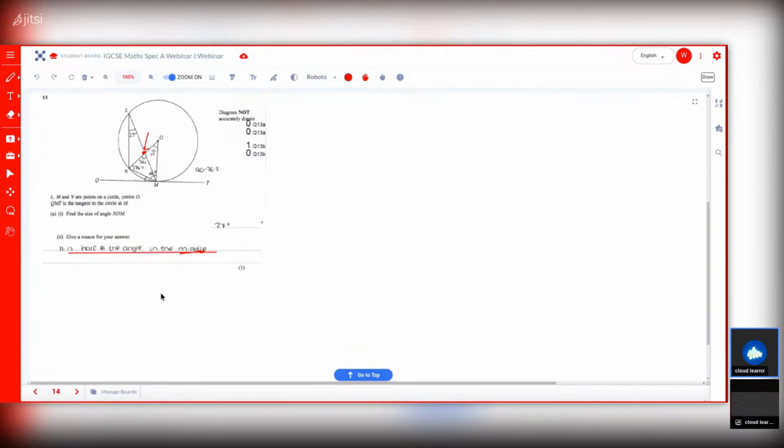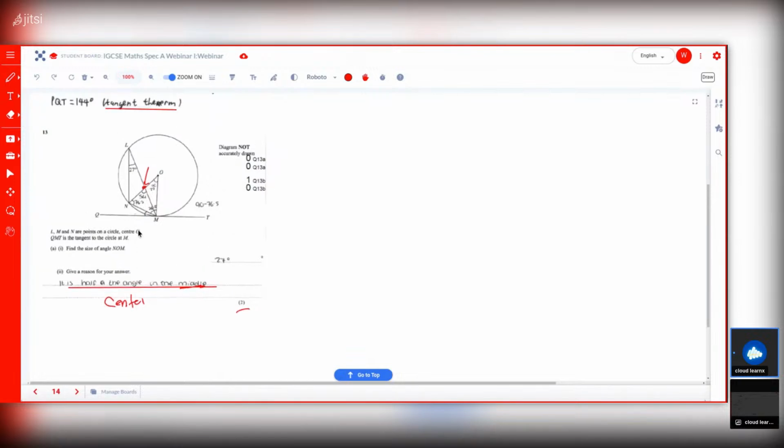That's not sufficient at all. For 2 marks, they're looking for 2 keywords. You can think of it like that. One, angle at the center, is twice the angle at the circumference. Something along those lines would get you 2 marks.